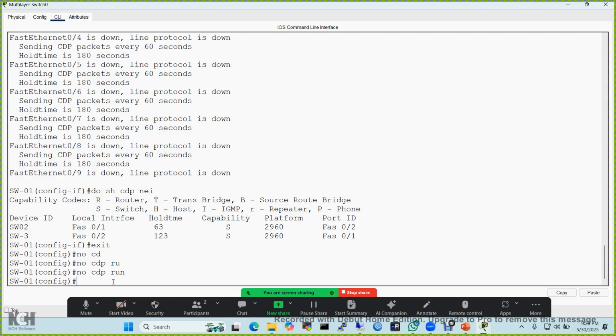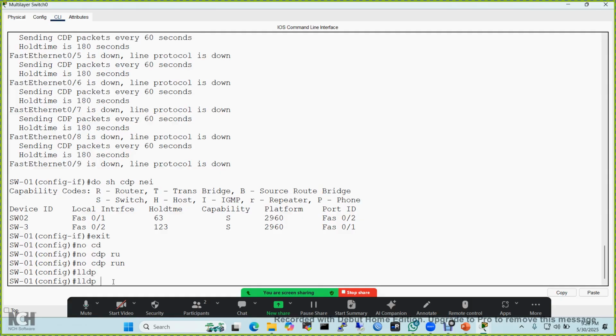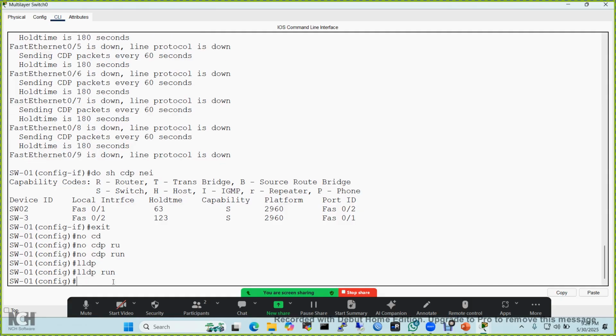Now we will run LLDP. LLDP run. Now we will check the neighbors. What will be the command now?